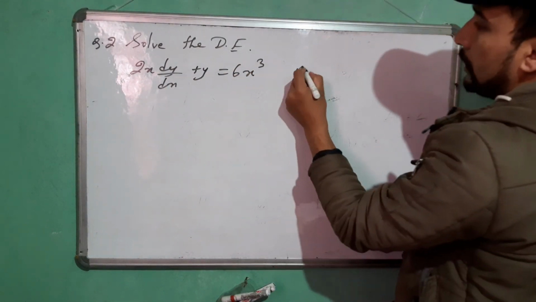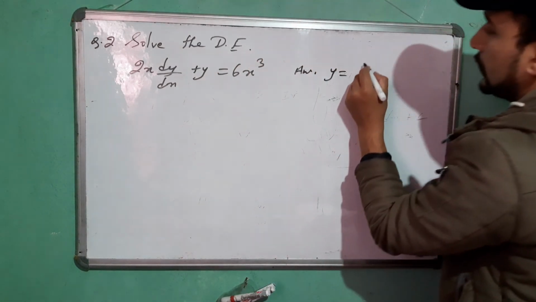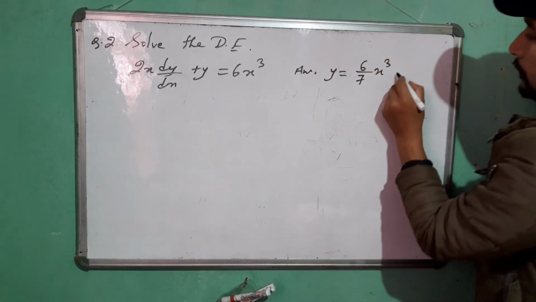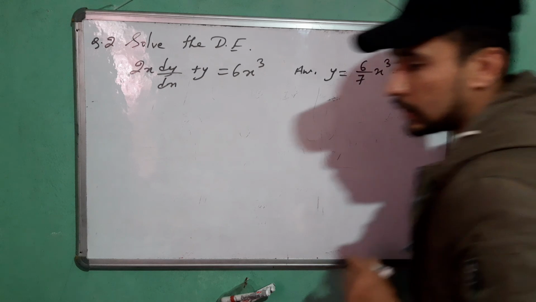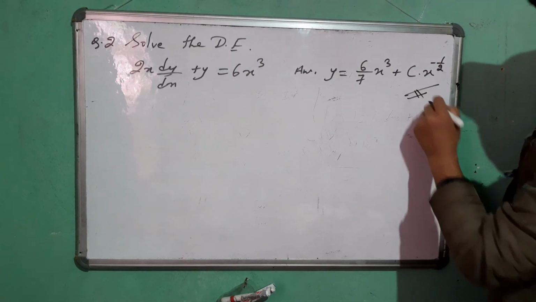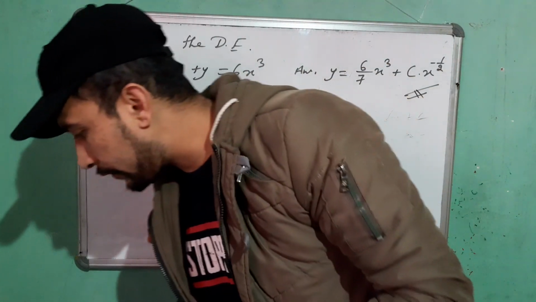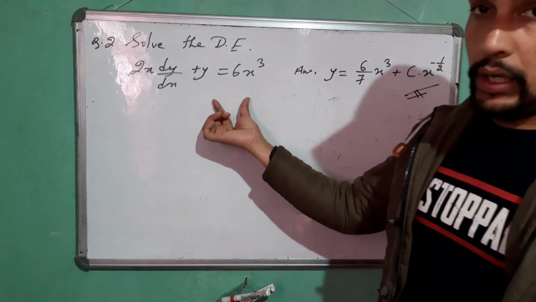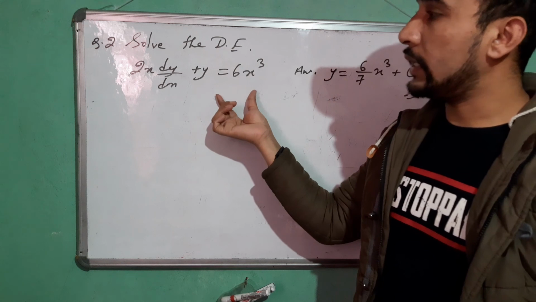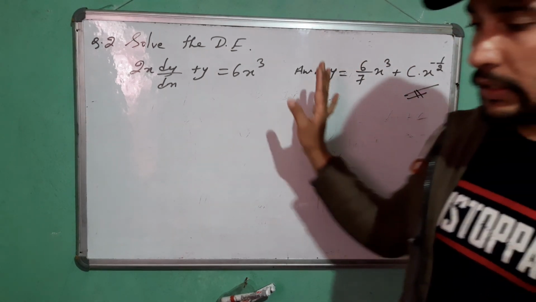The answer will be y is equal to 6 by 7 x cube plus c x to the power minus half. So solve it. Also check whether it is a linear differential equation or not. After that, find the solution. This will be your answer. This is your home task.